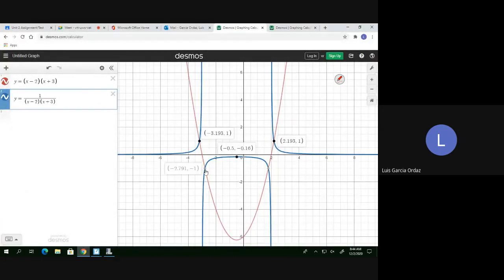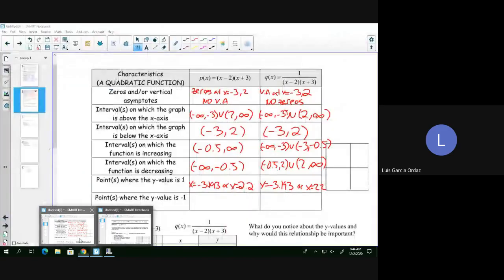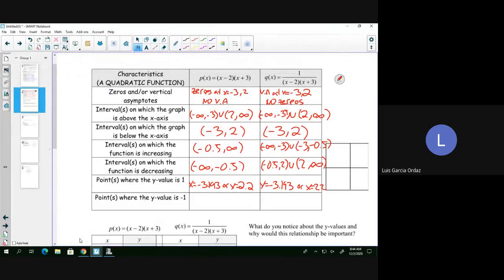So we're going to find negative 1, and it's at negative 2.791 and at 1.791. What did I say, positive 1.791? Yes.